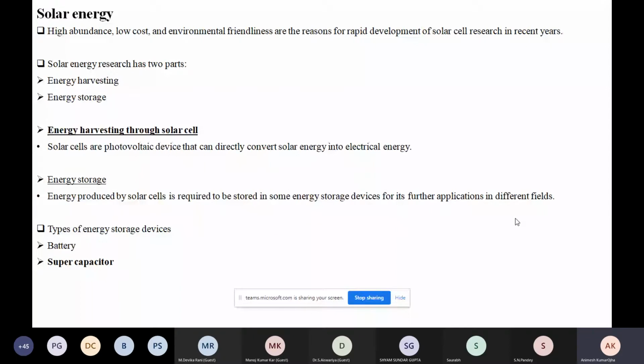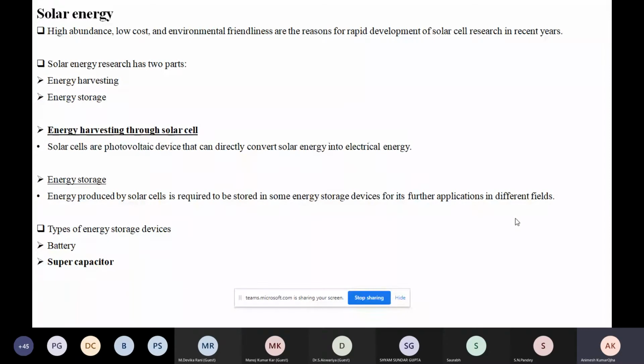Solar energy research has two parts, in my opinion. One is how efficiently we harvest the solar energy, and the second is how efficiently we store this energy. In energy harvesting through solar cells, solar cells are photovoltaic devices that can directly convert solar energy into electric energy.